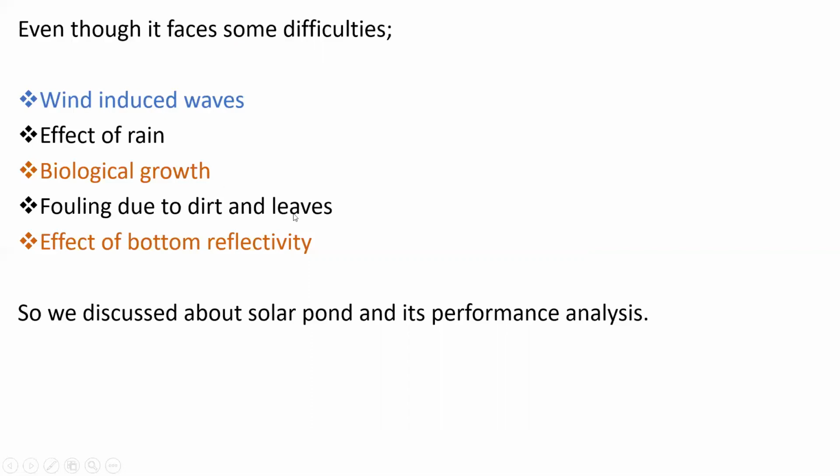Fouling due to dirt and leaves may also occur. Leaves dropping on the surface of the solar pond may reduce the collection efficiency, and dirt that sediments affects the concentration gradient and the effective bottom reflectivity.